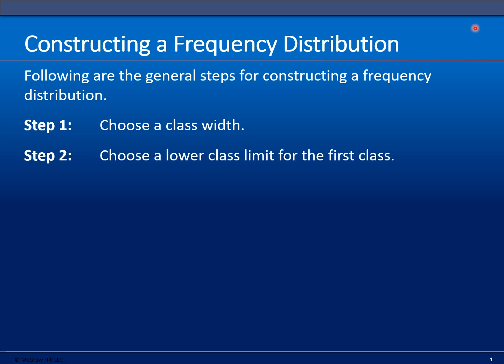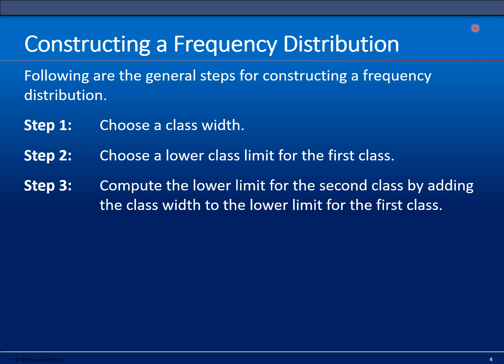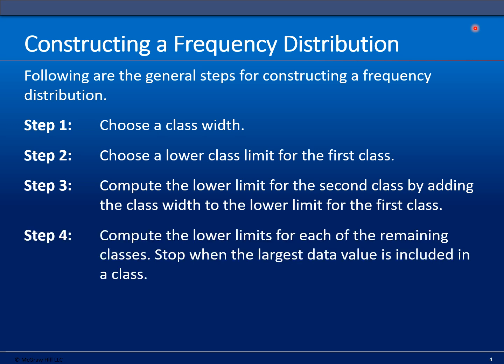Once we've done that, we can choose the lower class limit, again making sure that we start below the lowest data point that we have, or at that lowest data point. Then we compute the lower limit for the second class by adding the class width and create all the classes. And we can create all the class limits that way.